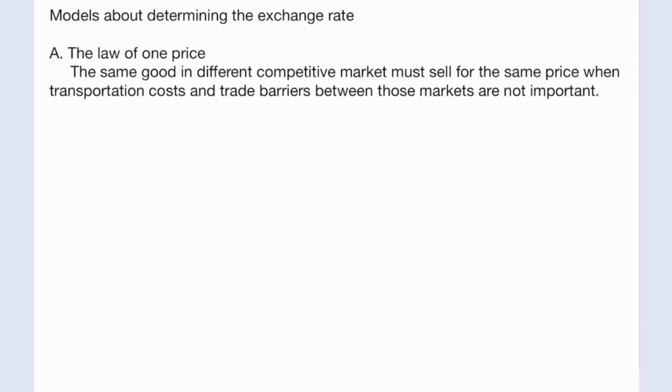In our example, they are across the street, so the transportation costs and trade barriers are not at all important, and they have to be sold at the same price. Otherwise, the demand for the relatively cheap goods will become higher, and eventually it will drive up the price of the low price side, and the price on both sides will be exactly the same.